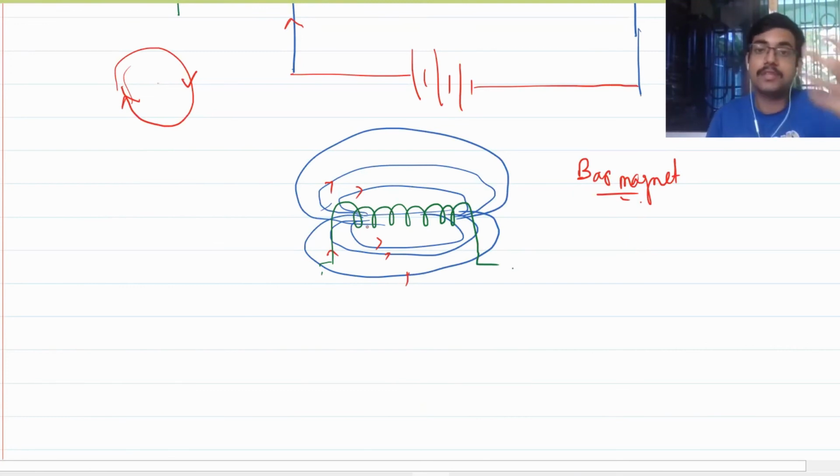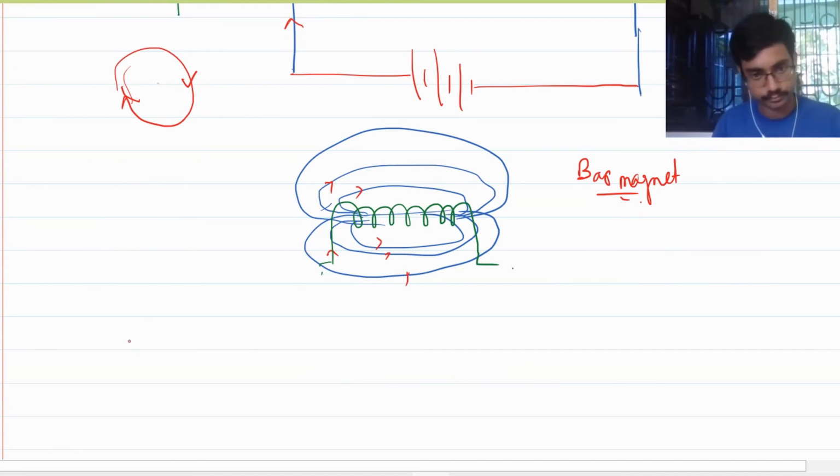Here the structure of the magnetic field is exactly like a bar magnet. So you would be surprised to know the applications of this. Like, why would I just wind such conductors in just random shapes? What have I got to do with that? Actually, you would be surprised to know that this simple thing has many practical applications. Which kind of practical applications?